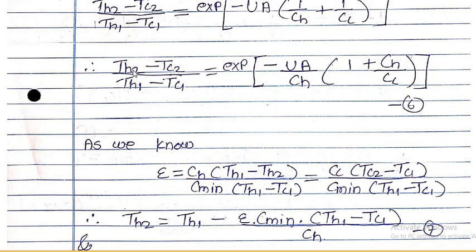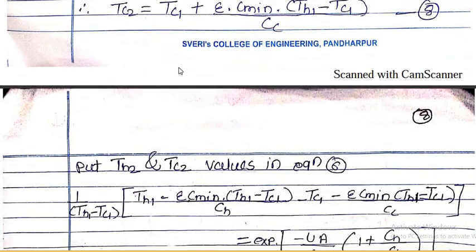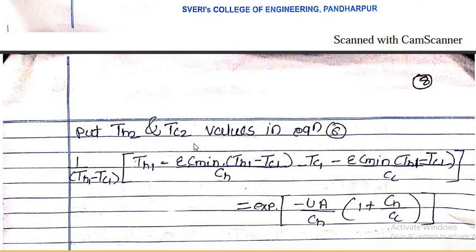Now we have to put these two values of Th2 and Tc2 in equation number 6. The denominator we have taken common is 1/(Th1 - Tc1).